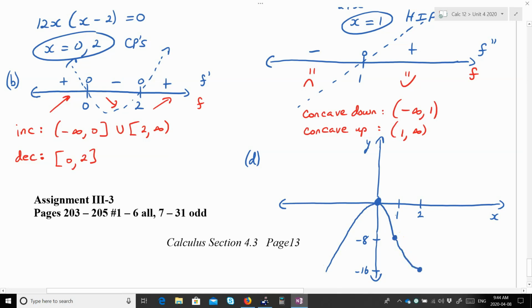The graph is still going down, and then from 2 to infinity, we have increasing like that. So increasing, decreasing, increasing, and concavity goes from concave down from negative infinity to 1 to concave up from 1 to infinity.